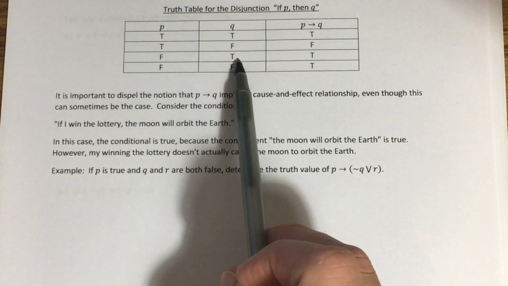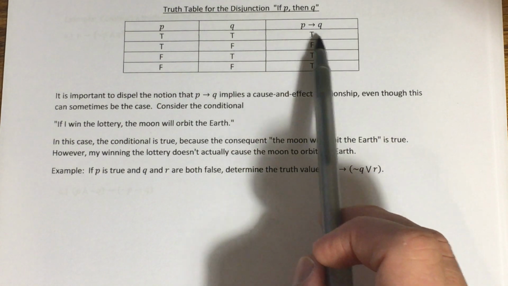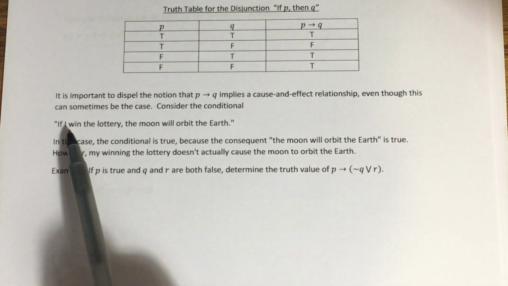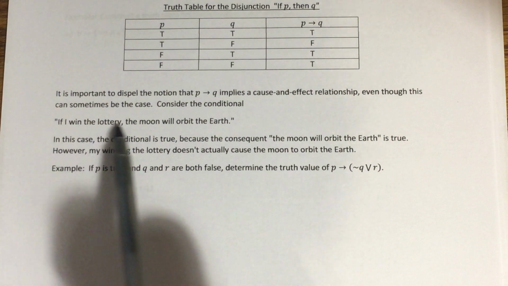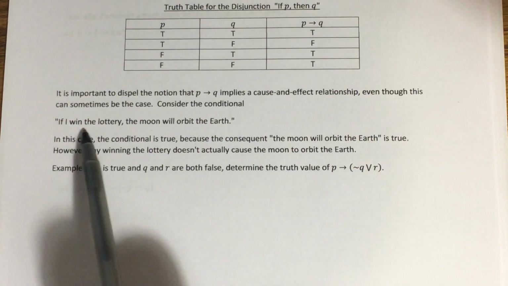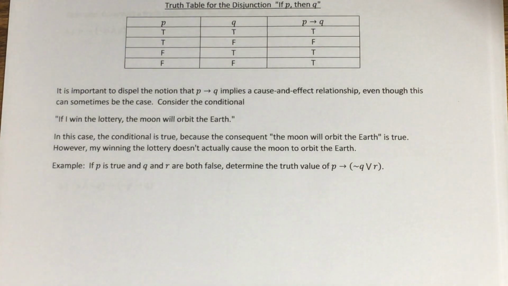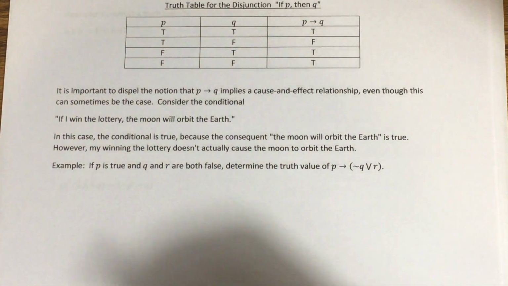That's a false statement implying a true statement, which is still true. The conditional is true in both of those cases, but my winning the lottery has nothing to do with the moon orbiting the Earth. So that's where we have to be careful. Implications or conditionals can be true even if the antecedent and the consequent have nothing to actually do with each other. They frequently can imply a cause and effect relationship. It's just not a requirement.